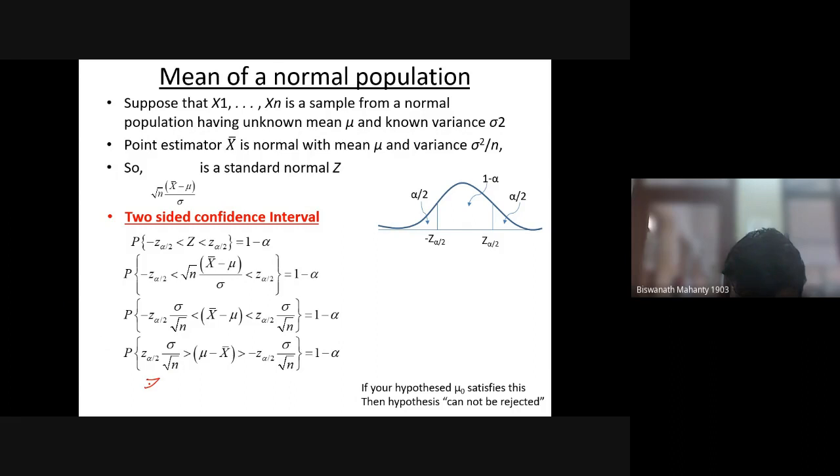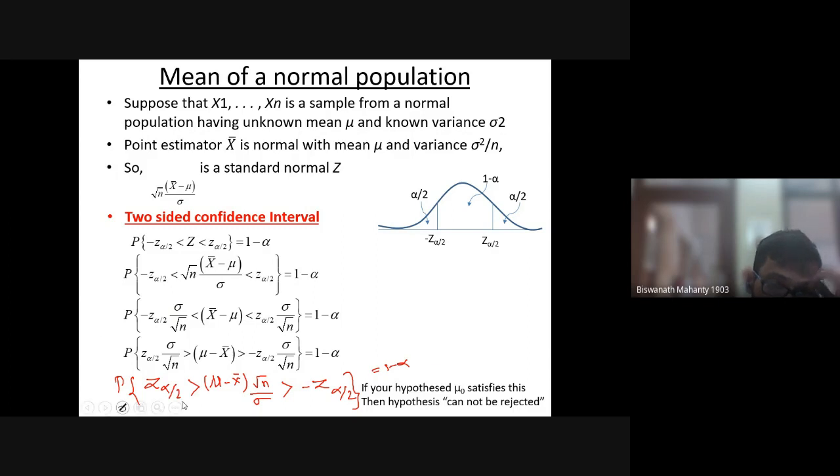So I can say Z alpha by 2 is greater than mu minus x bar into root n by sigma, which is greater than minus Z alpha by 2. Same comment, right? Just multiplying. The same probability, all those things will be unchanged, equal to 1 minus alpha. This way I tell it.